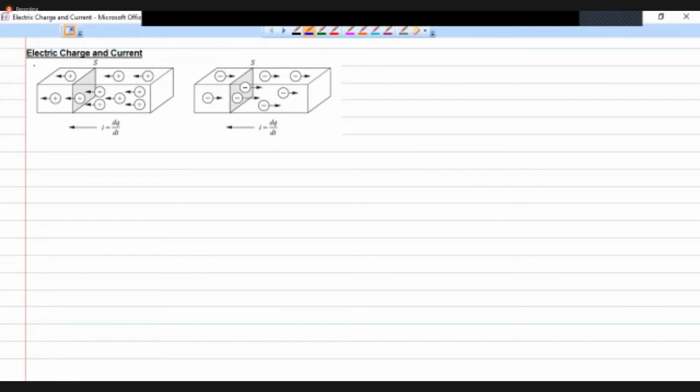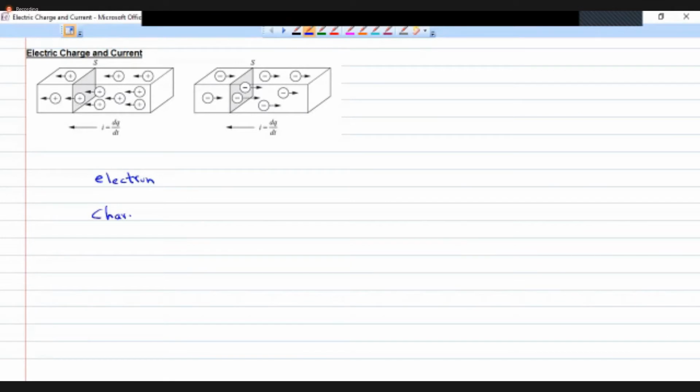The basic charge is the charge of an electron, which is assigned a negative sign. So what is the unit of charge?